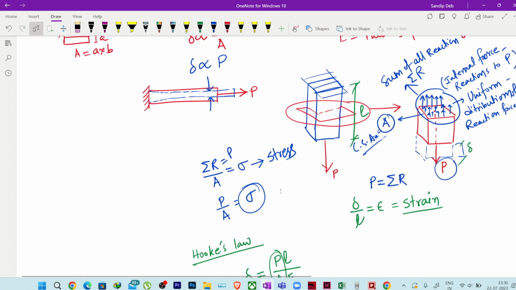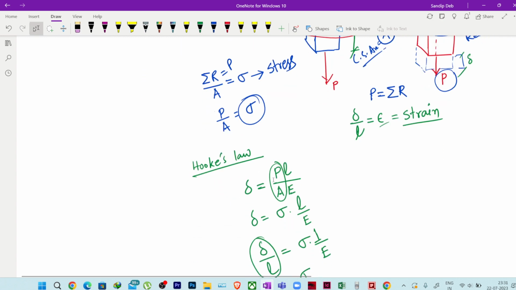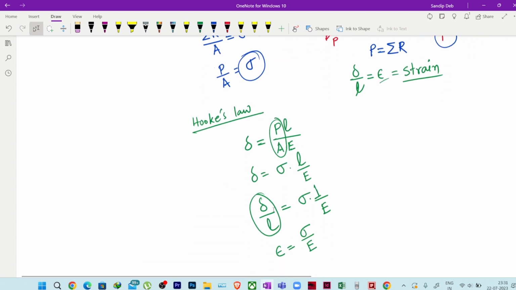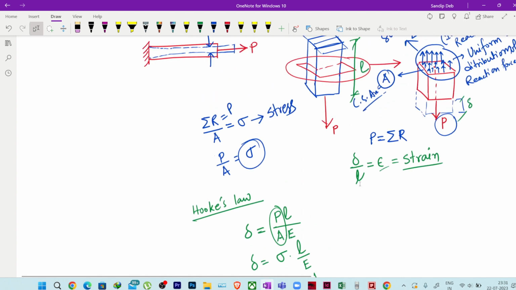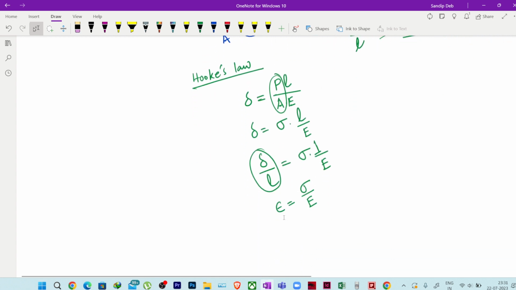So we have defined stress, which you have already seen. What is strain? The change in length over the total length is the strain, which we define by epsilon. We replaced P by A with sigma, and this delta by L. We have seen delta by L is nothing but the strain, change in length by total length, so we replaced it by epsilon. So we know these two definitions.